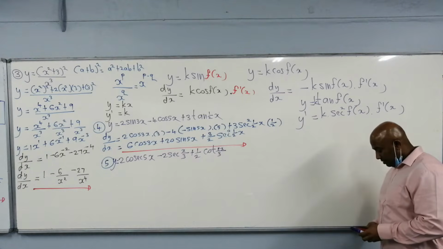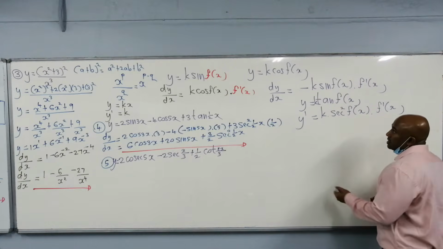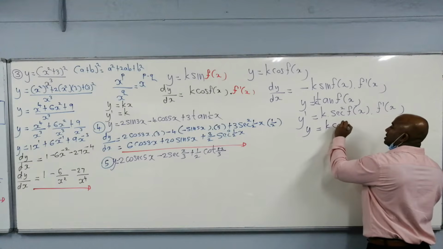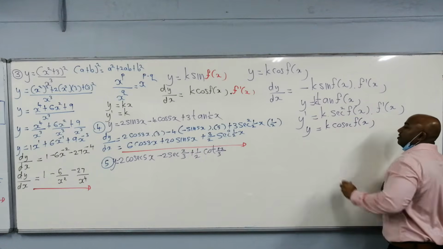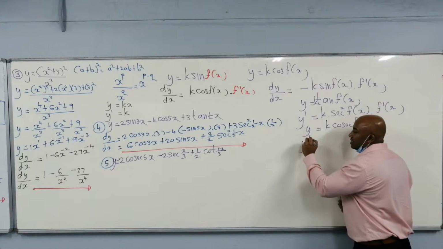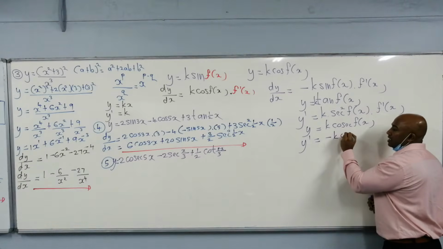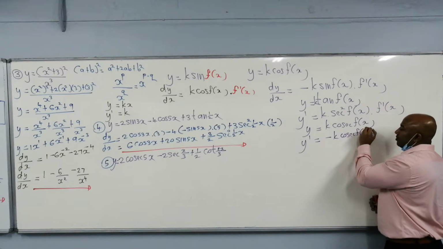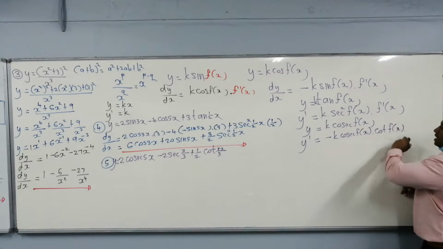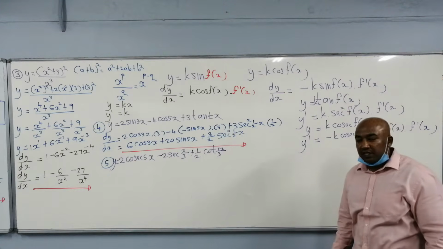So what are we dealing with now? We are dealing with cosec. If y is equal to k cosec f of x from your table of derivatives, then the derivative of cosec is going to be a negative cosec f of x times cot f of x times f prime x. That is the formula to differentiate cosec.